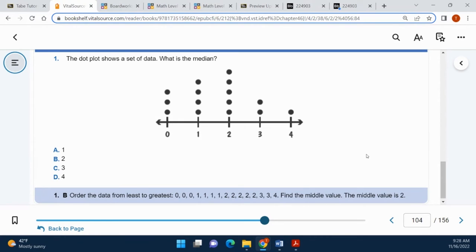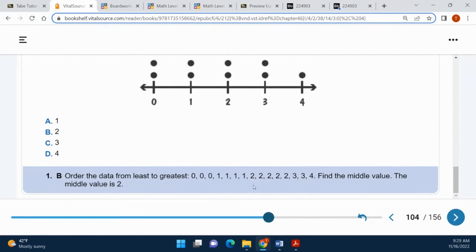You can't go on just a visual. Okay, let's look. So what I recommend you do, just so that we're all safe, is please write your data 1, 2, 2, and there we go. So the 2 is in the middle.